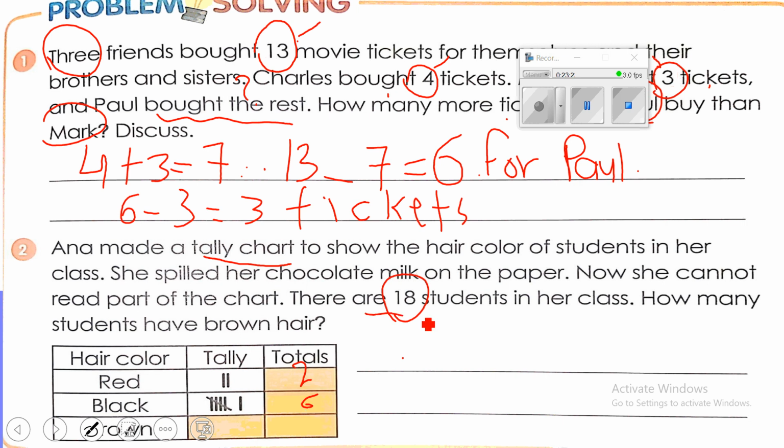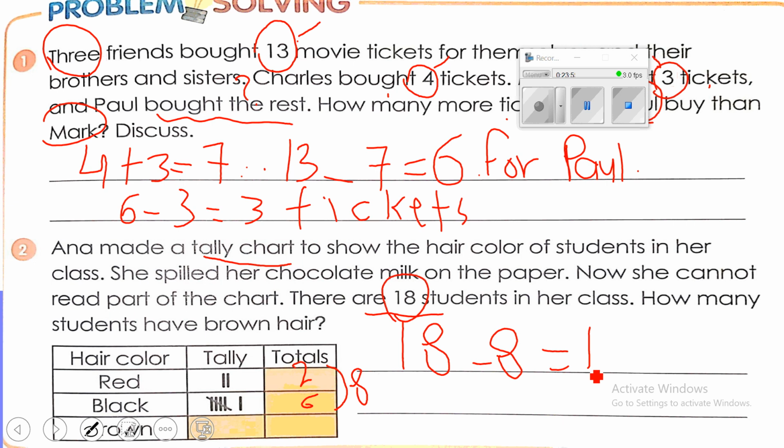Aha, I have the total number of students. They are 18. And here we have parts of students. They are 2 and 6, which is 8. So, what's the brown? Amazing, I just subtract the total number of the students minus red and black together. 18 minus 8.